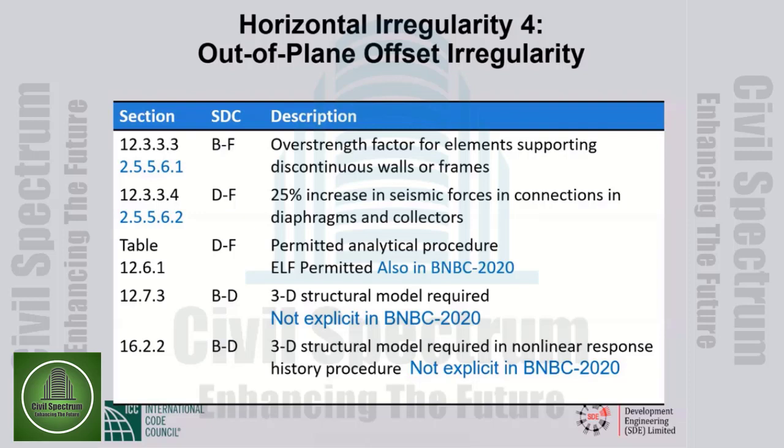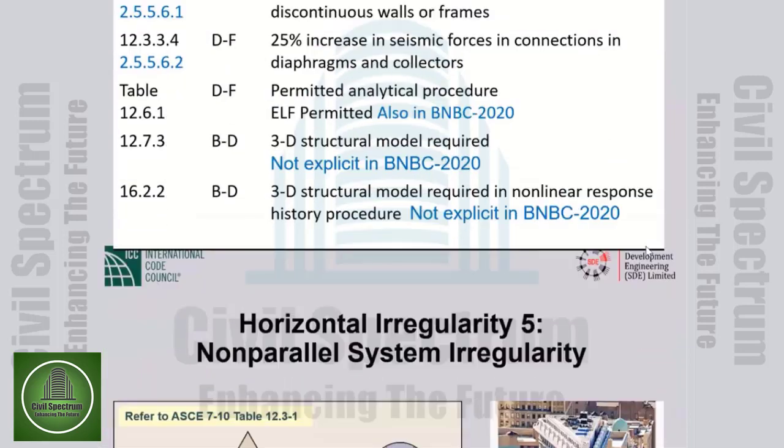A 3D structural model is required by ASCE 7-05. That is not explicit in BNBC 2020, but it should be very much encouraged. Finally, a 3D structural model is required in nonlinear response history procedure. I do not expect that too many of you will do that, but in any case, I would say that this is very significant, very important, and then the rest of them are definitely not unimportant.